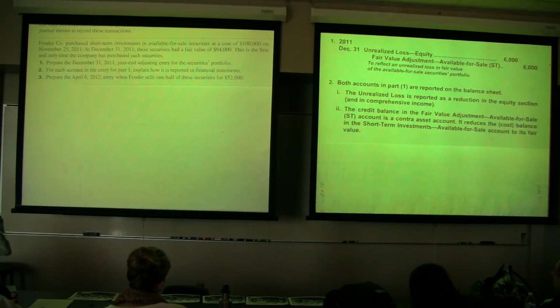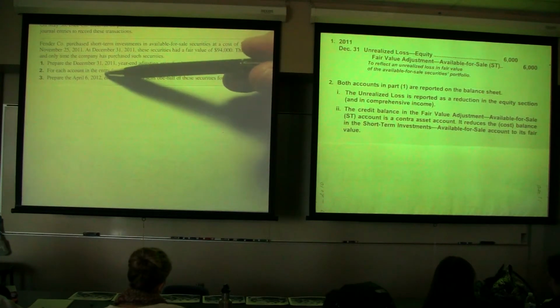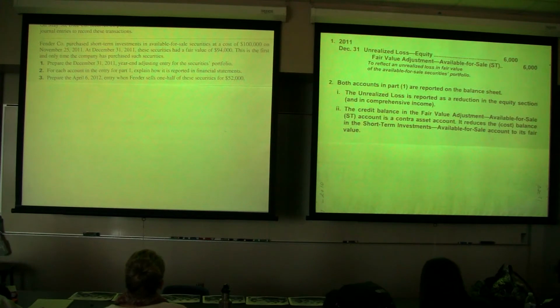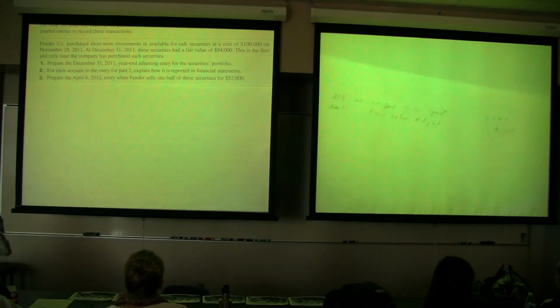Now, the next thing is they sell, so what it is, on April 6, 2012, next year, they sell half of these accounts for $52,000. So when they do that, okay, I'll put that back up in a second.